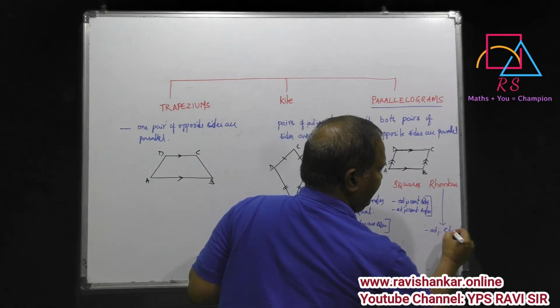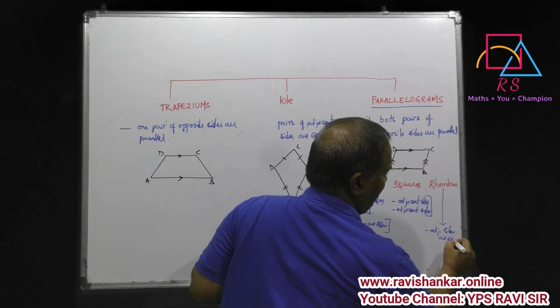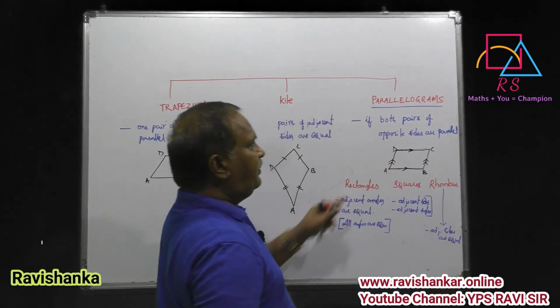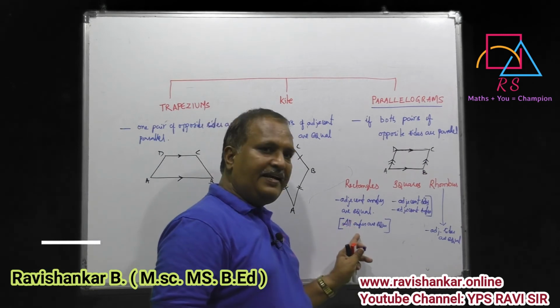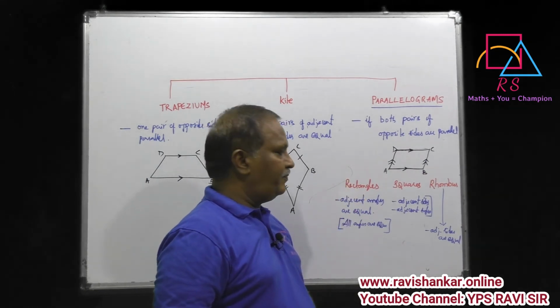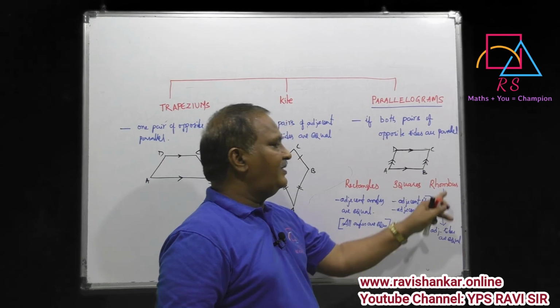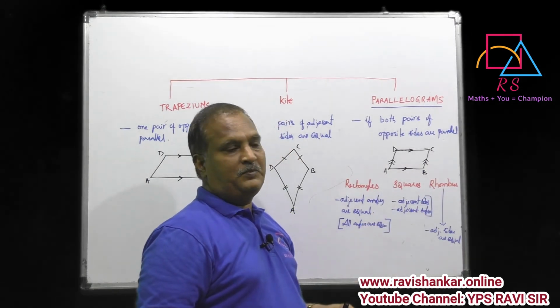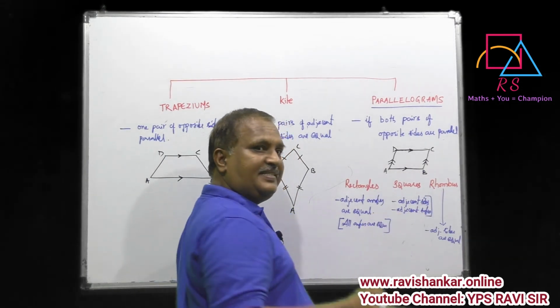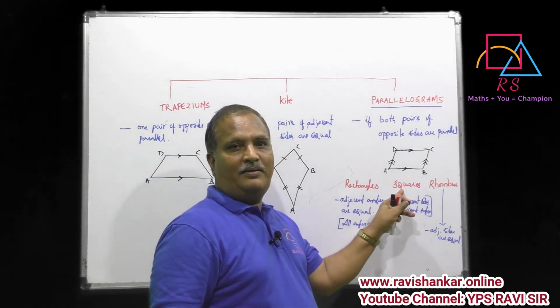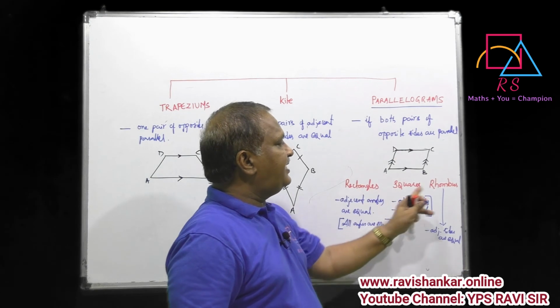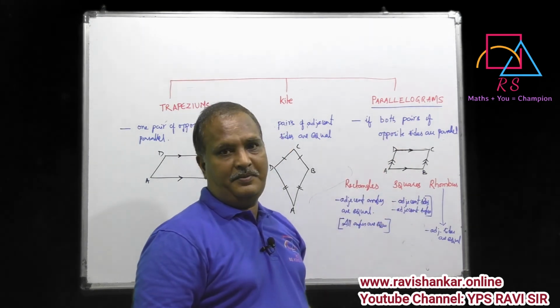So if adjacent angles are equal, rectangle. If adjacent sides are equal, rhombus. If adjacent sides and adjacent angles are equal, then it is a square. So these are the three types of parallelogram.